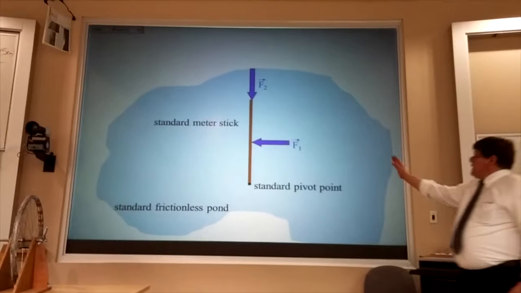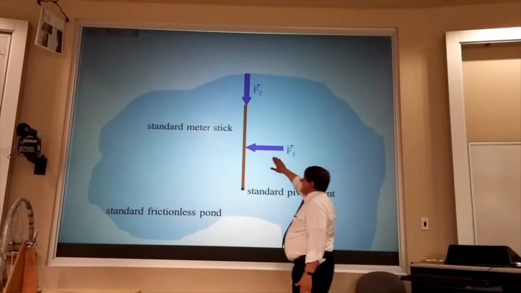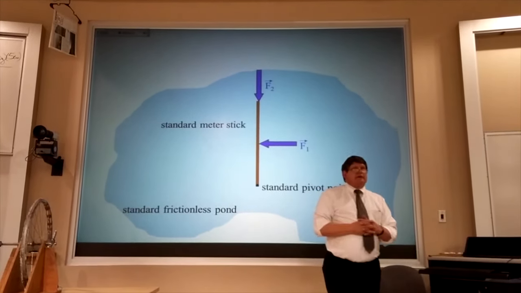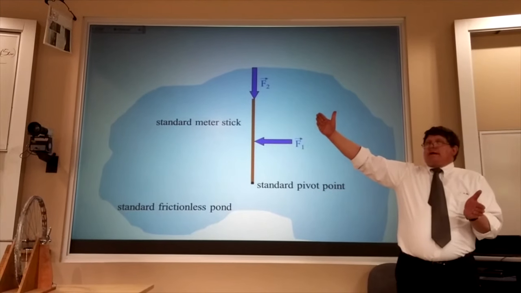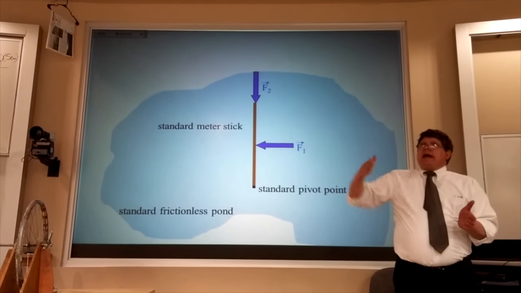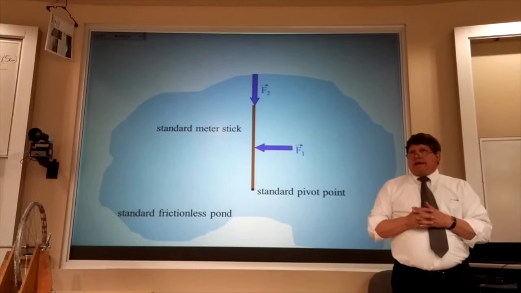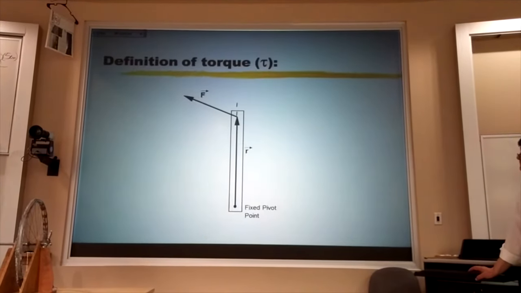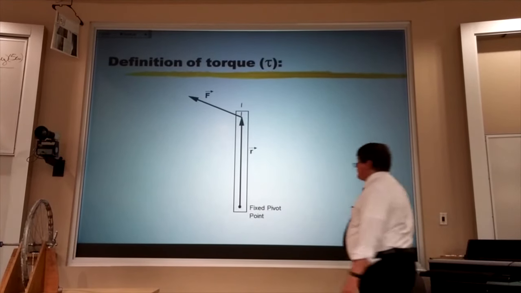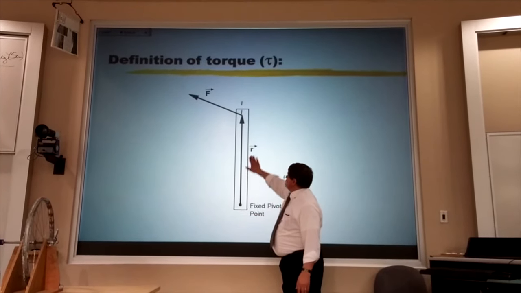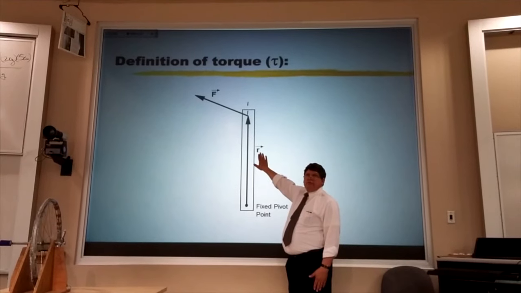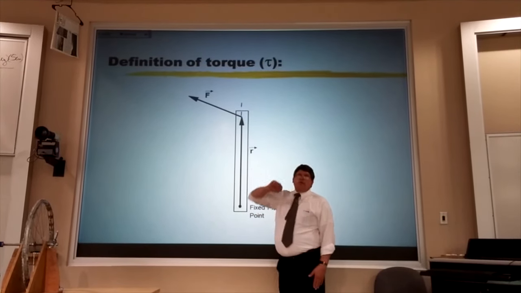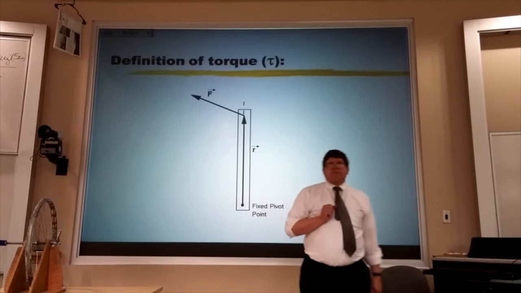Now, what we see here is that the angle at which you apply that force matters. How far you apply it from the pivot matters, and the angle at which you apply it matters. Now, in general, what we have to do is define this vector r, the position vector, that starts at the pivot and goes to where the force is applied.